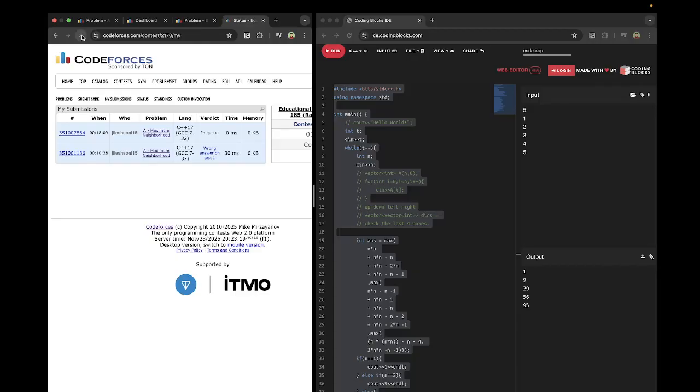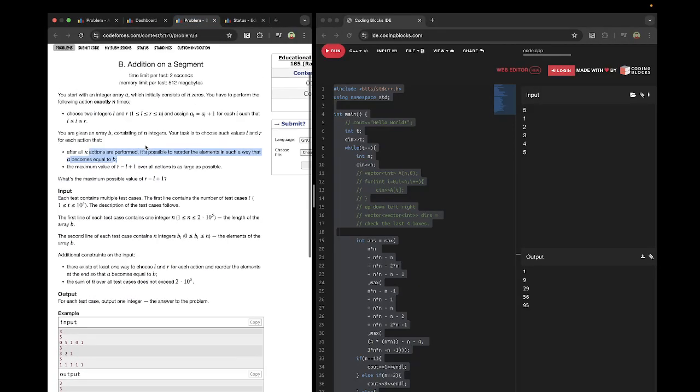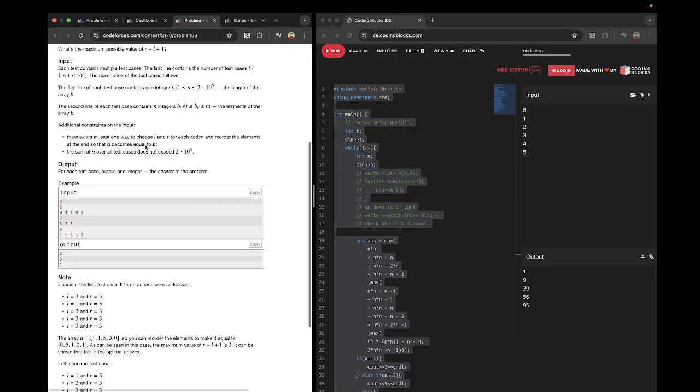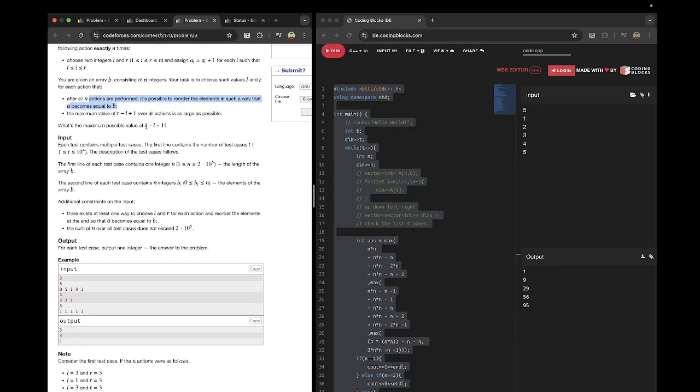I'm really skeptical now. So the maximum value of r minus l plus 1 is its maximum when we choose a large range to perform that action at least once.